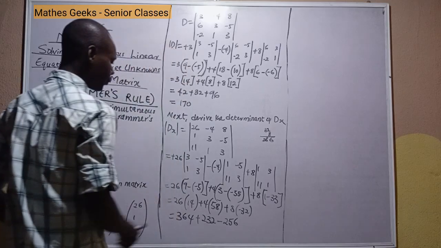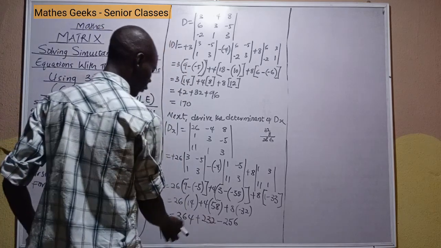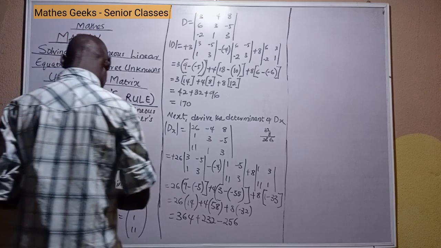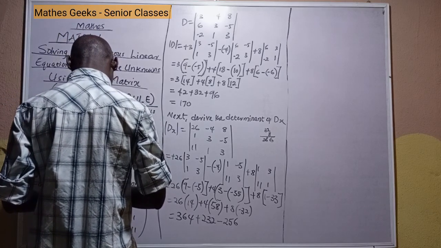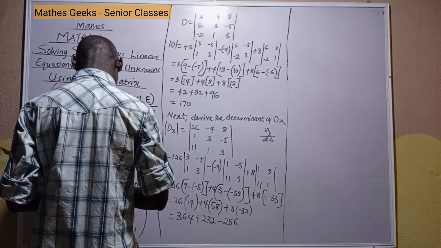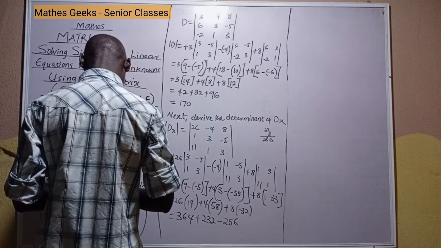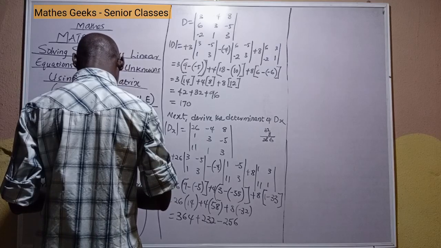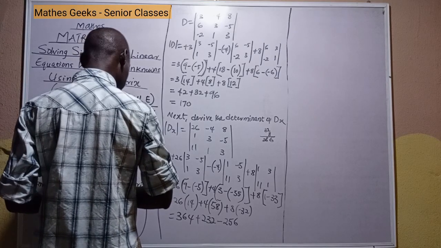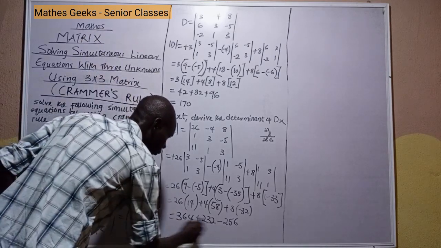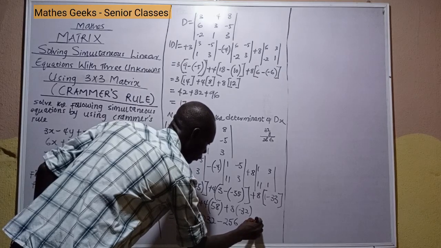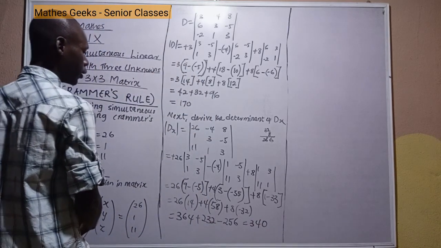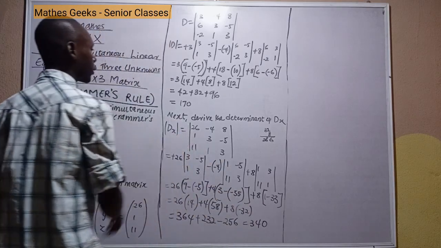So 26 times 14 is 364, and 4 times 58 is 232. These two are positive, so we add them all together, then we subtract this from the result. This is the determinant of dx.